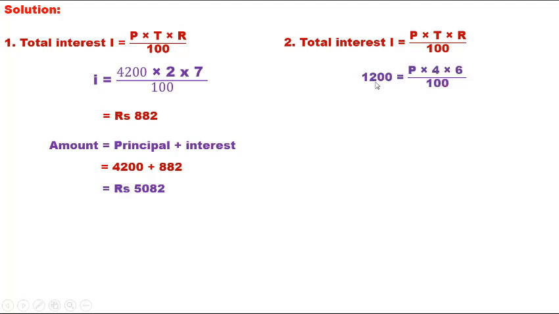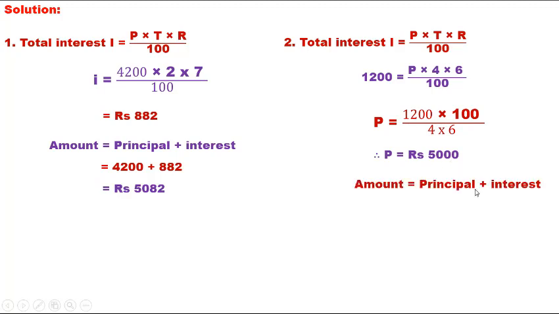Therefore 1200 is equal to P into 4 into 6 divided by 100. Therefore P is equal to 1200 into 100 divided by 4 into 6. Therefore P is equal to 5,000 rupees. Total amount is equal to principal plus interest. Principal 5,000, interest 1,200. Total amount is 6,200.